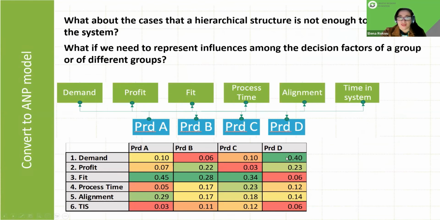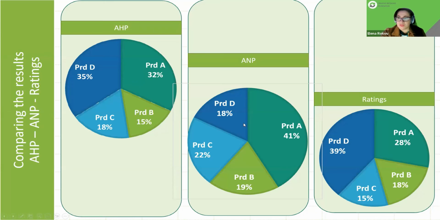When we go to the ANP result, you will see that product A makes a much larger percentage of the results. So product A is the best one, followed by C, and then B and D. The ratings are similar to what we were saying in AHP, with the difference that now product D comes up even higher in our synthesized result.